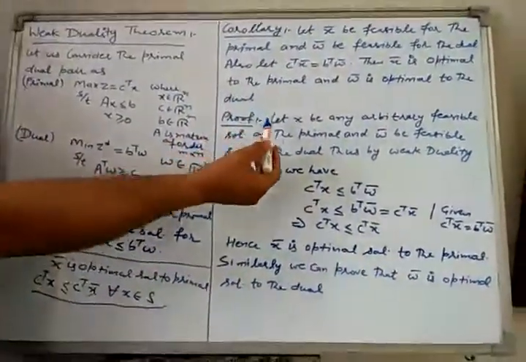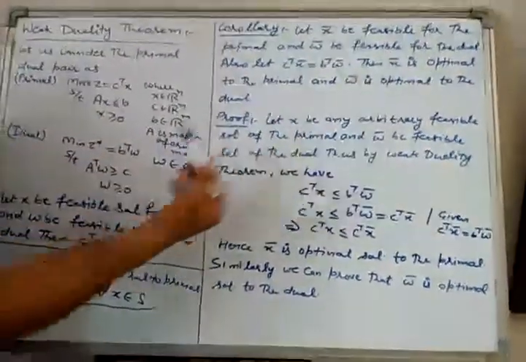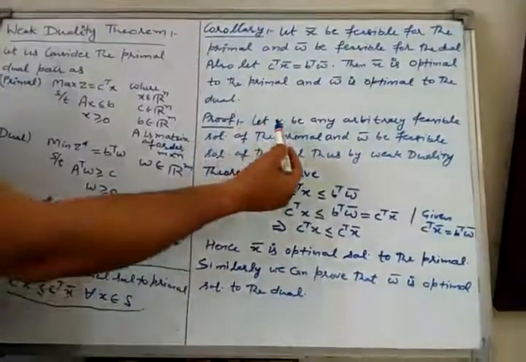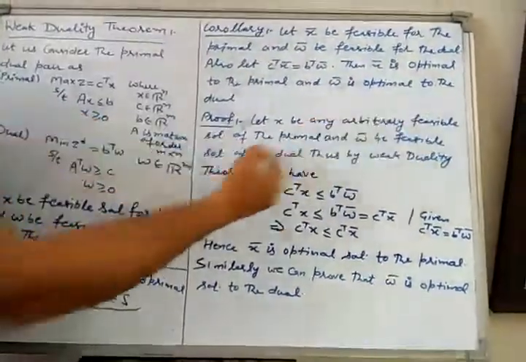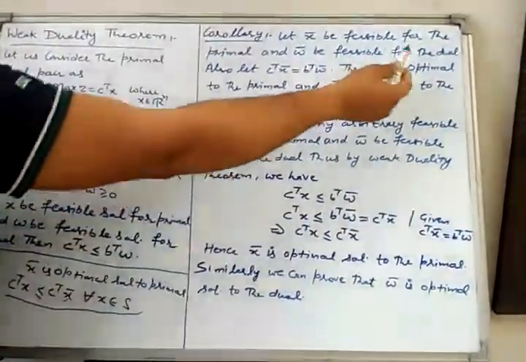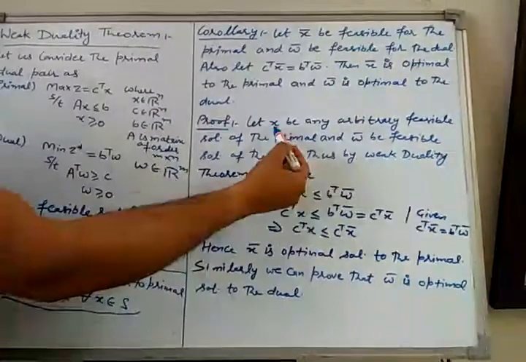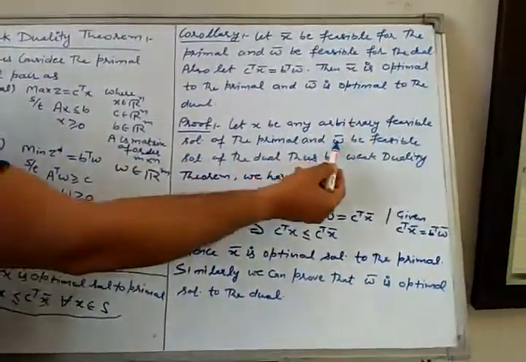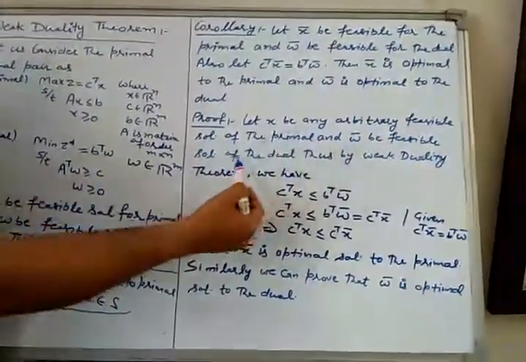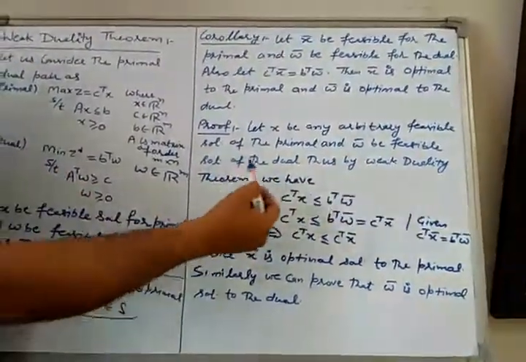Now let X be any arbitrary feasible solution of the primal problem, and W bar be the feasible solution of the dual problem. Since X and W bar are both feasible, the weak duality theorem applies here.